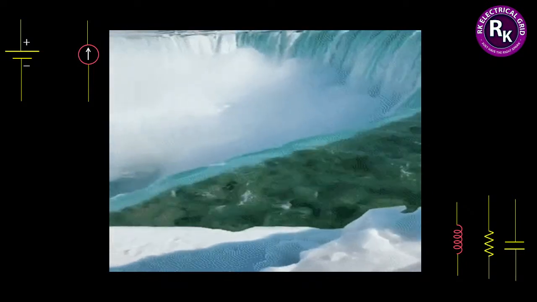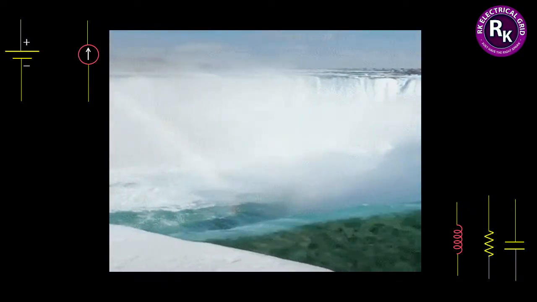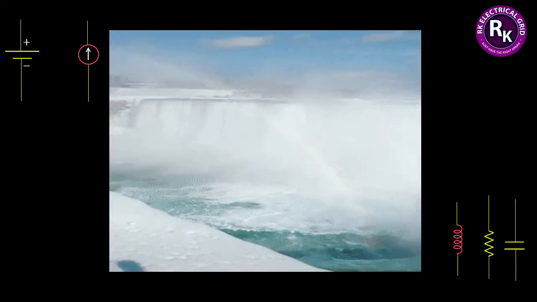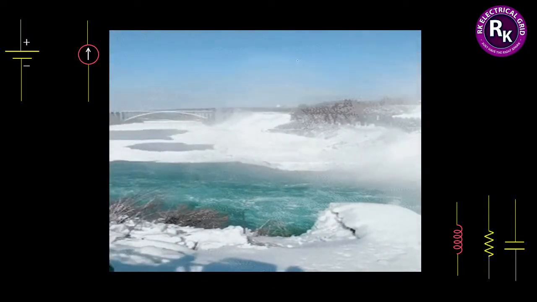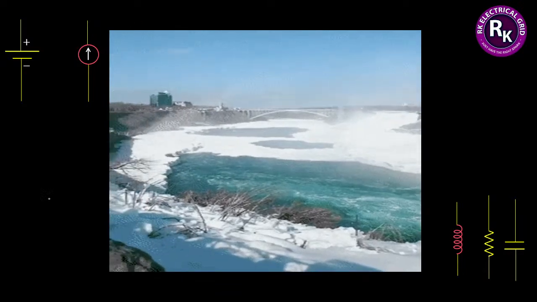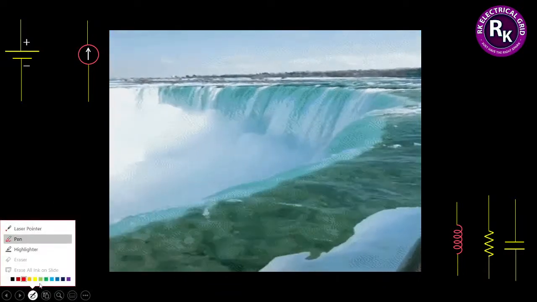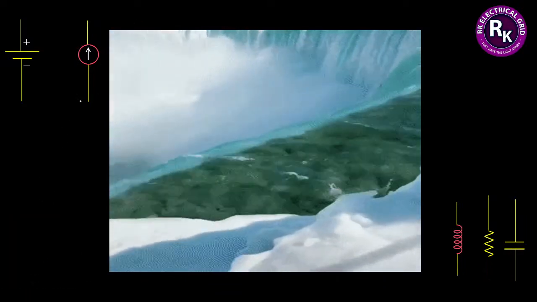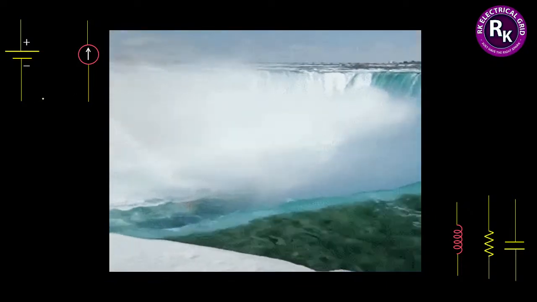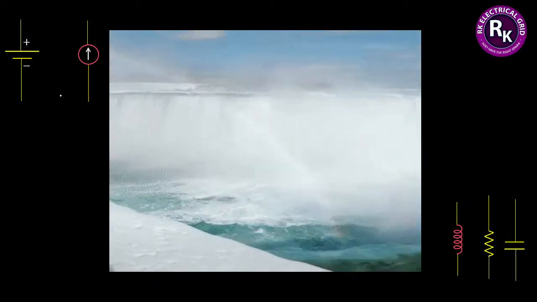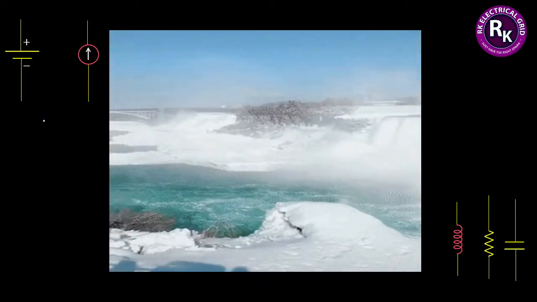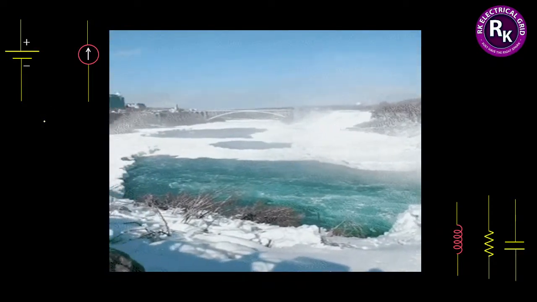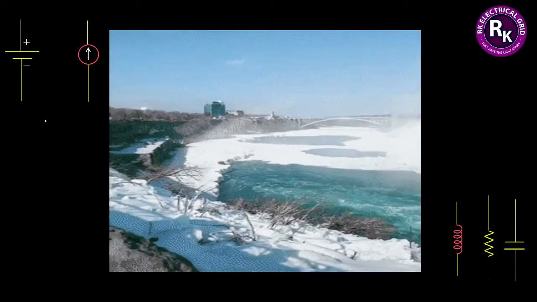Okay. I hope you all can see the diagram, the GIF. It's going on the screen. What is this? This is Niagara Falls, right? Yes, we all know that. Why did I keep this one here? Let us understand. In the introduction lecture, we discussed many types of sources and how we classify them.